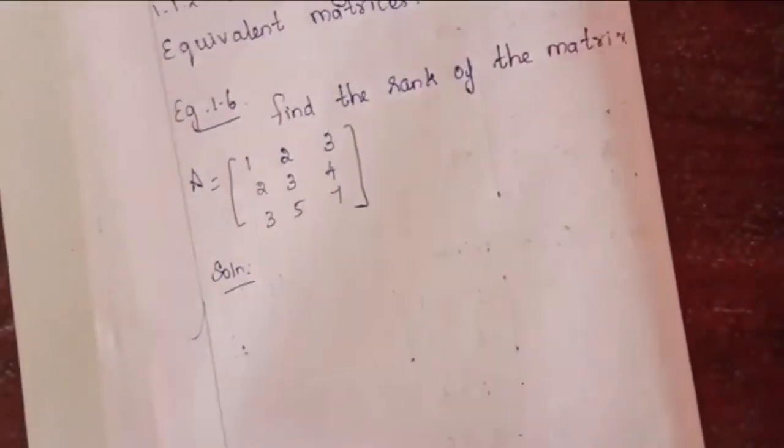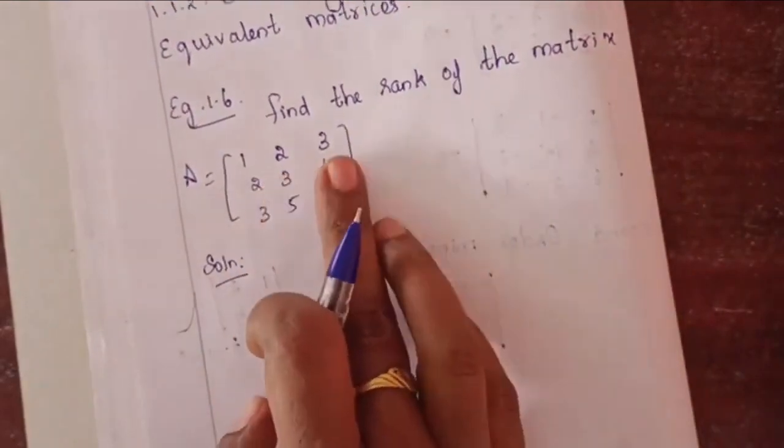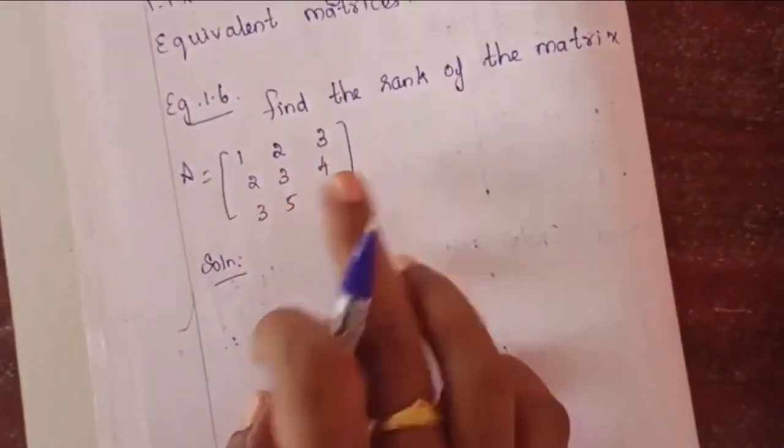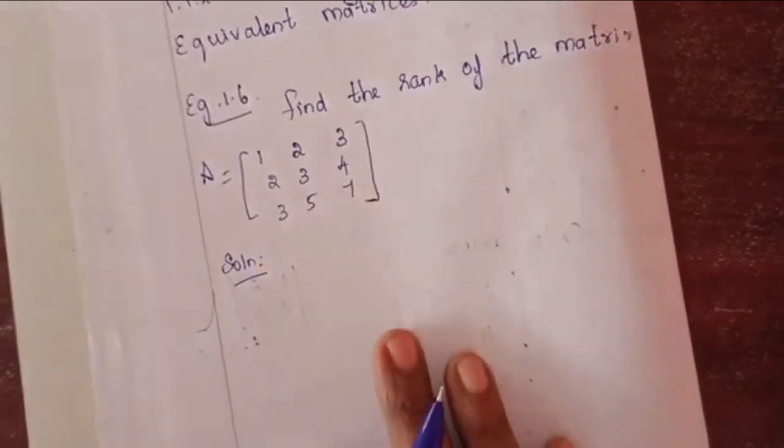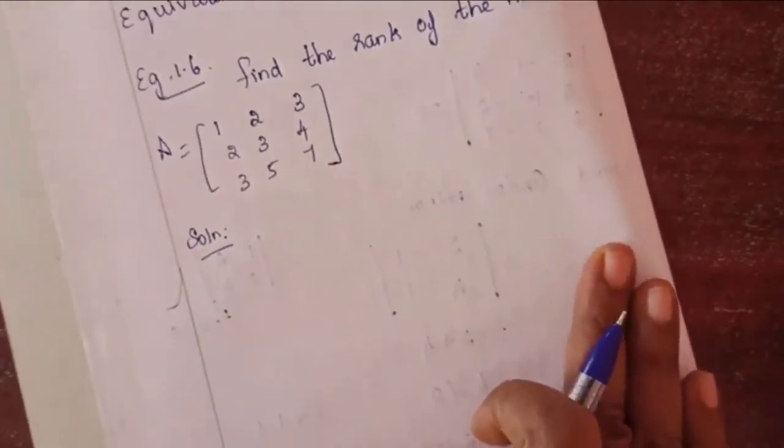Let's move to the question. Find the rank of the matrix A equal to 1, 2, 3, 2, 3, 4, 3, 5, 7. Same as our last section, we will find the order first.